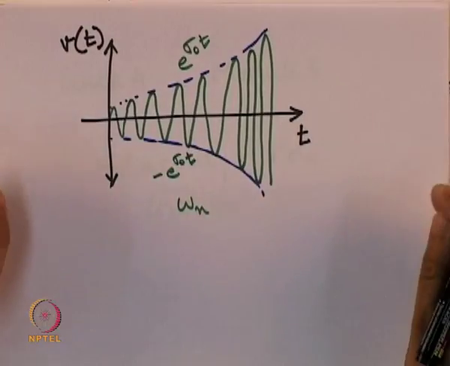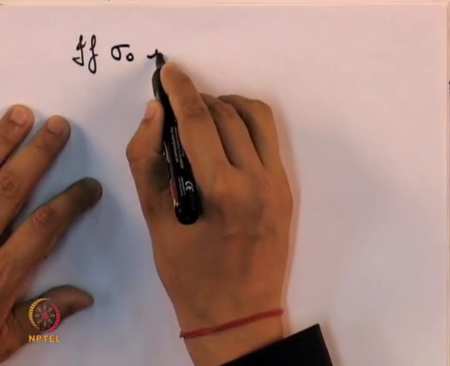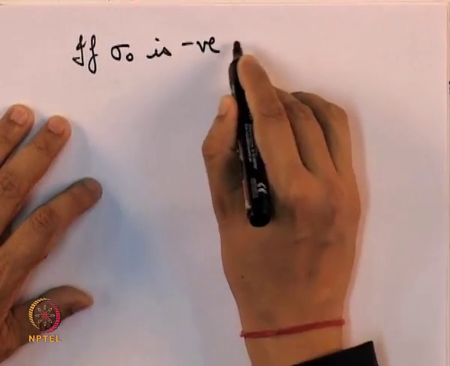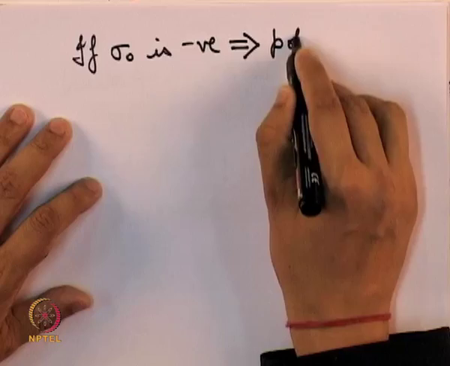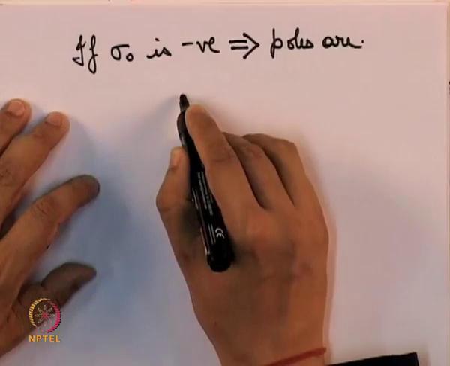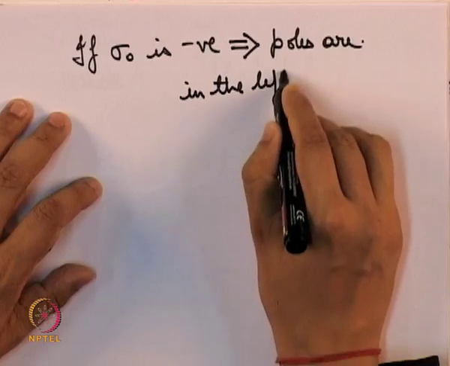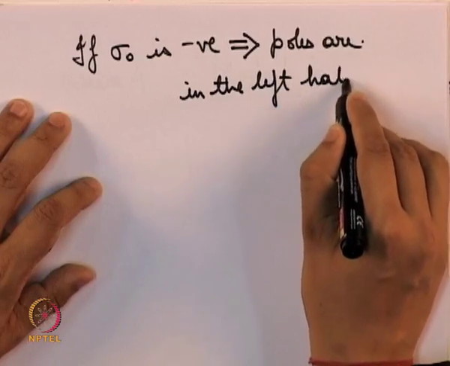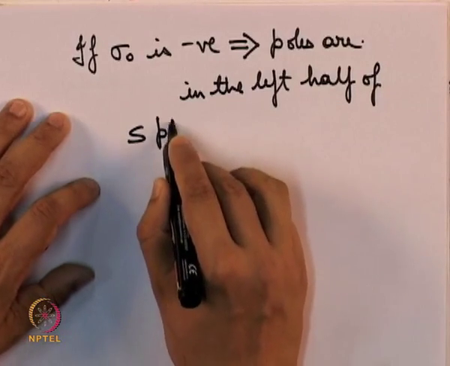So, the upper envelope will follow this line, and the lower envelope will follow this line. If on the other hand sigma 0 is negative, then what happens? This implies that the poles are in the left half of the S plane.